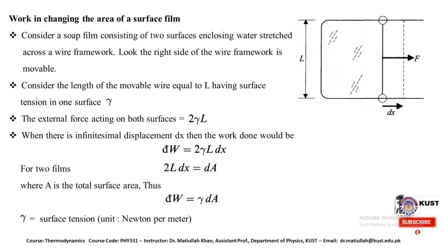The other is a two-dimensional system, and that is the work done in changing the area of a surface film. For that purpose we consider the area of a soap film consisting of two surfaces. Here in the figure is shown the area of the soap film, and its length is represented by L. The soap film, consisting of two surfaces enclosing water, is stretched across a wire framework.